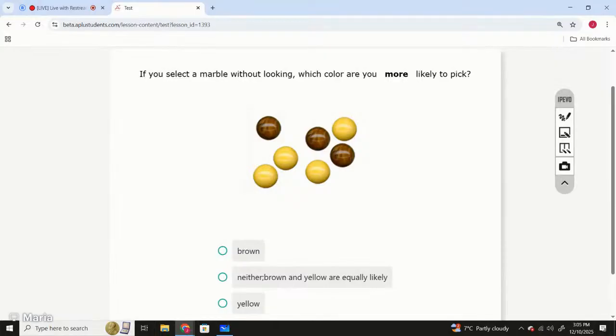If you select a marble without looking, which color are you more likely to pick?